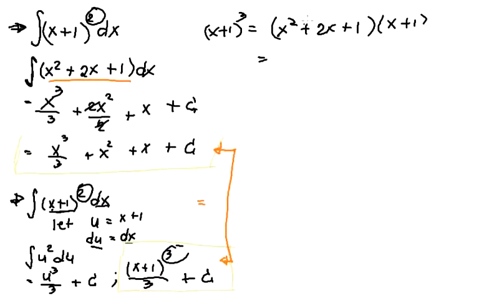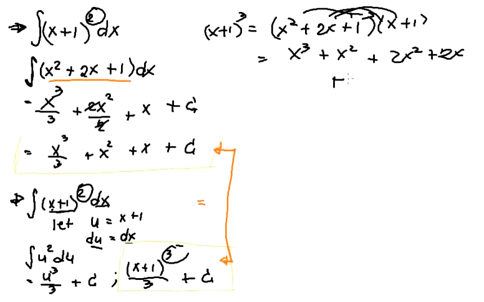Okay, so now we have x³ + x², plus 2x², plus 2x, plus x + 1.